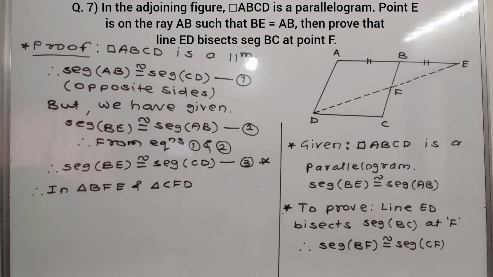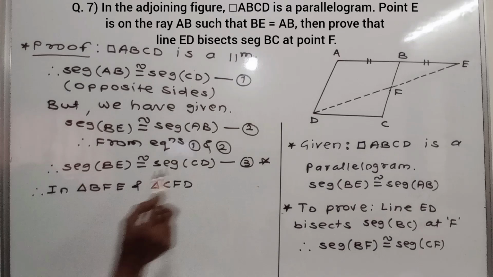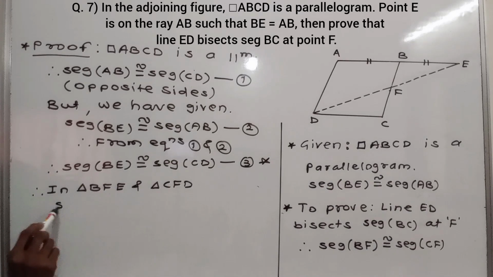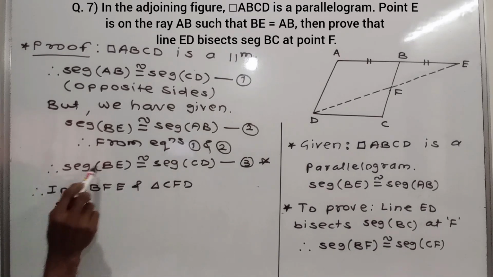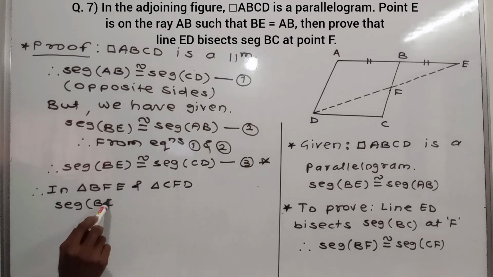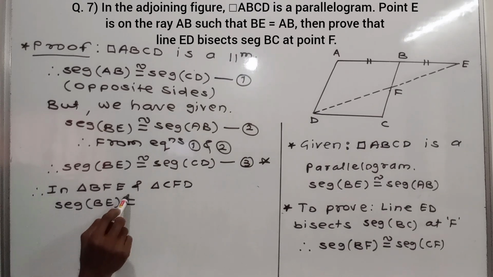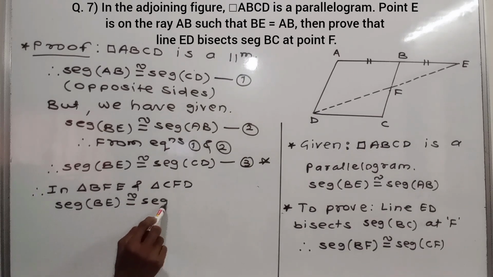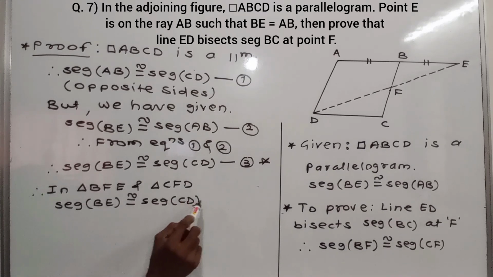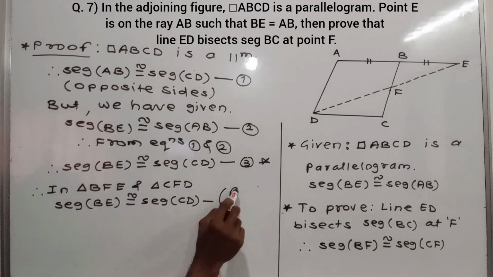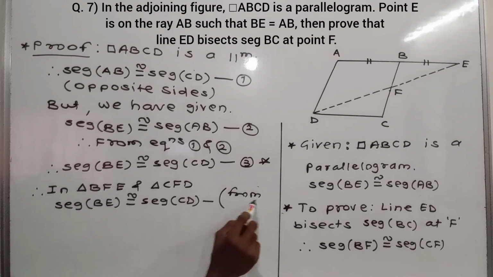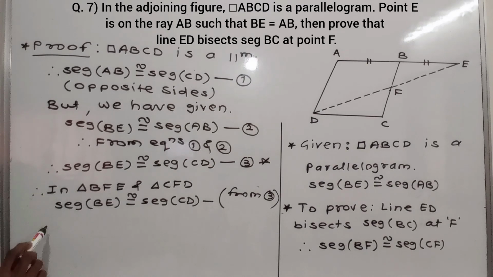In these two triangles, first we write segment BE congruent to segment CD, from 3; we have already proved this.